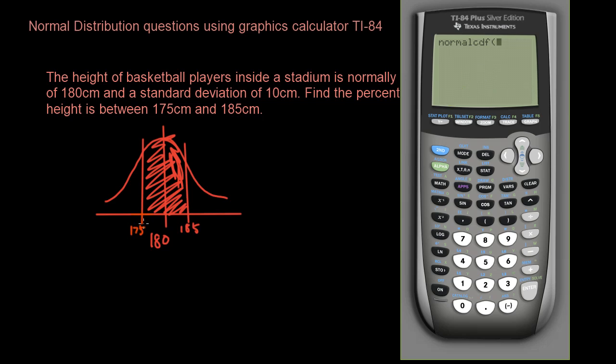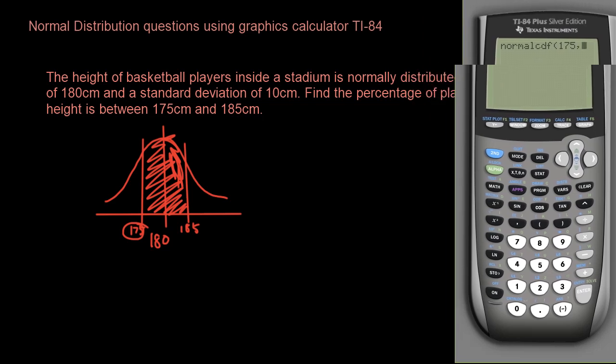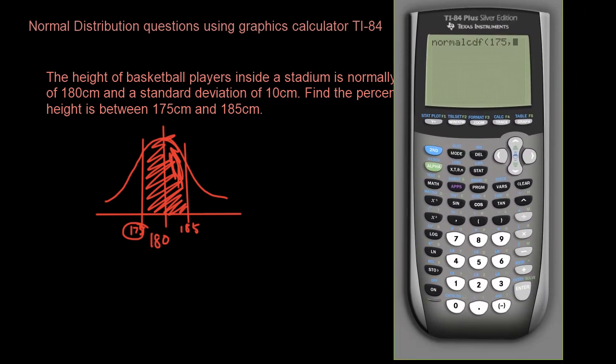You're going to type in the lower boundary, which is 175, then a comma, and then the upper boundary, which is 185, then a comma, and then the mean, which is 180, and then, after a comma, the standard deviation, which is 10.